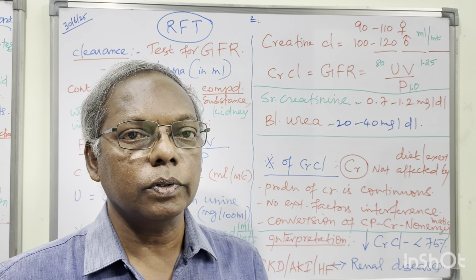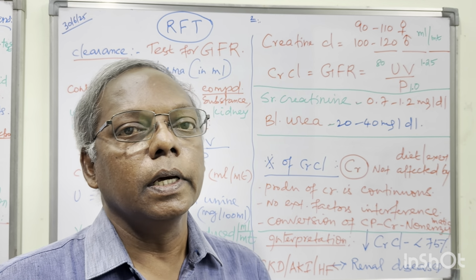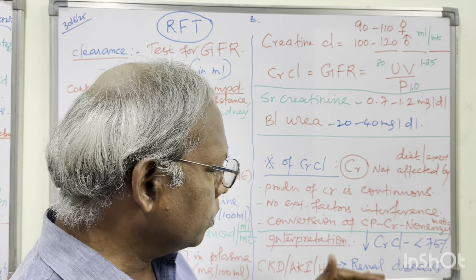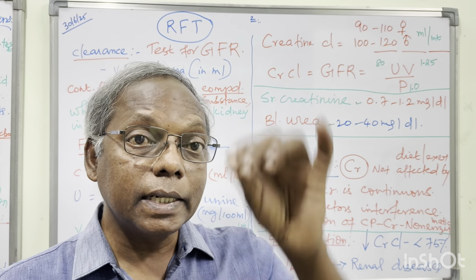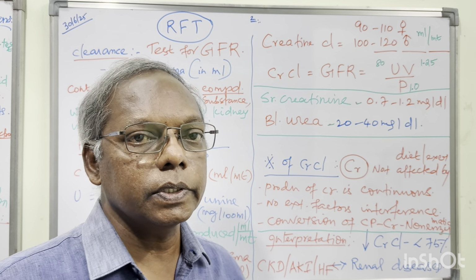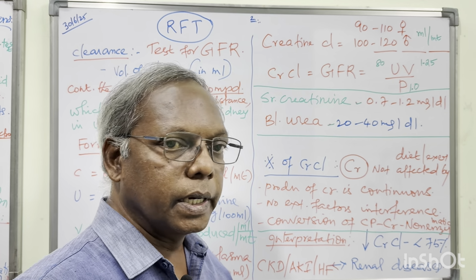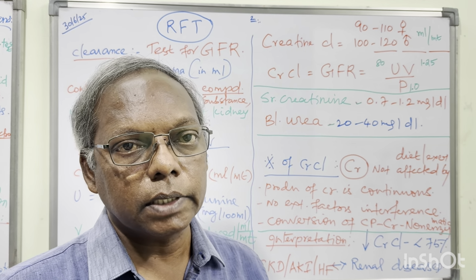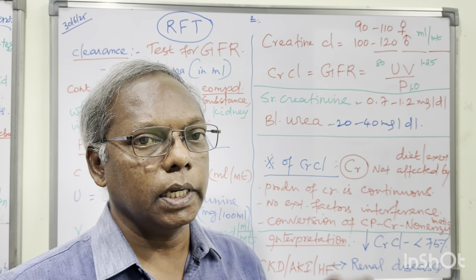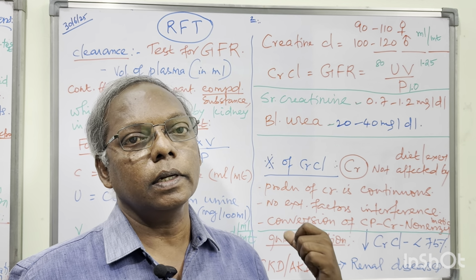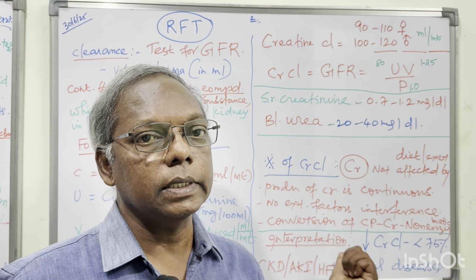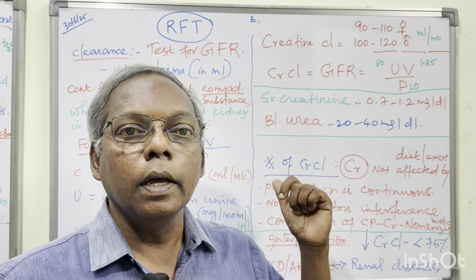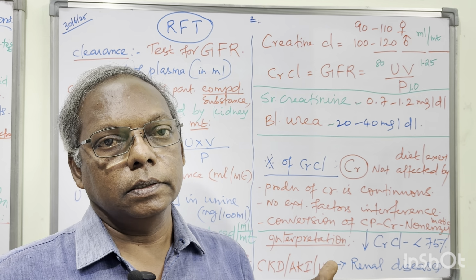Sometimes blood flow to the heart also will affect the renal function test. So interpretation means only a decreased level, which will always point to acute kidney injury and chronic kidney disease, and also heart failure. So these are all the interpretation points for creatinine clearance.